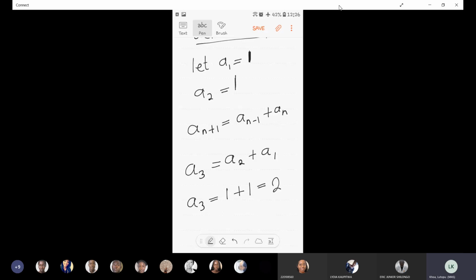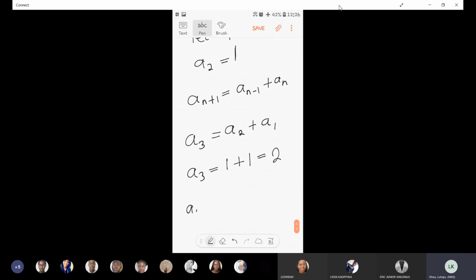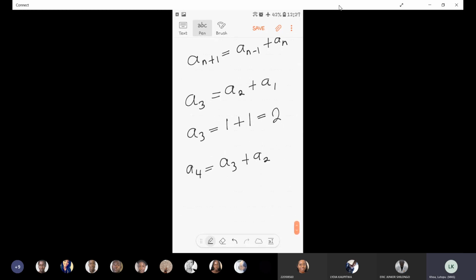So a3 is equal to 1 plus 1, and this is equal to 2. Now if I want a4, this is a3 plus a2. So this is 2, plus the one that came before it, which is 1. So this is equal to 3. And then I can continue.